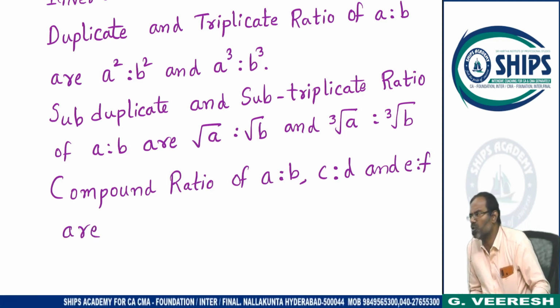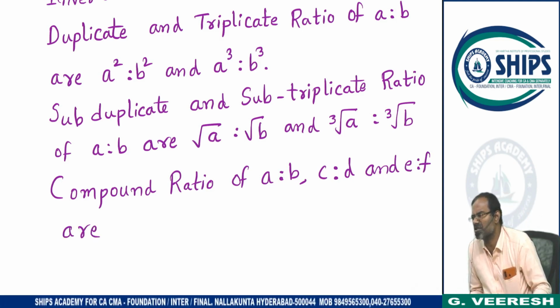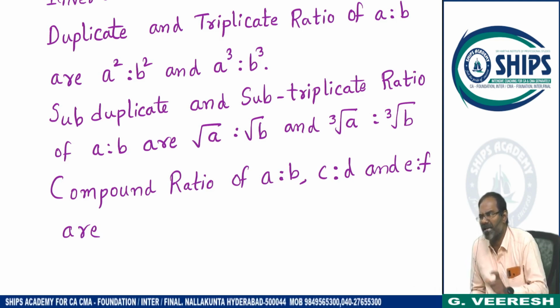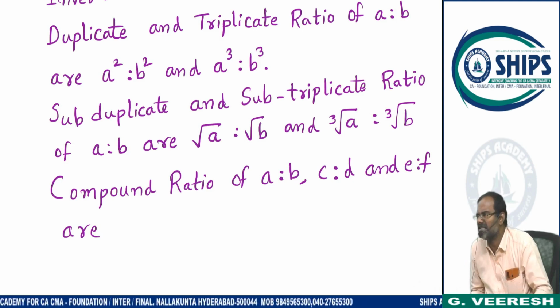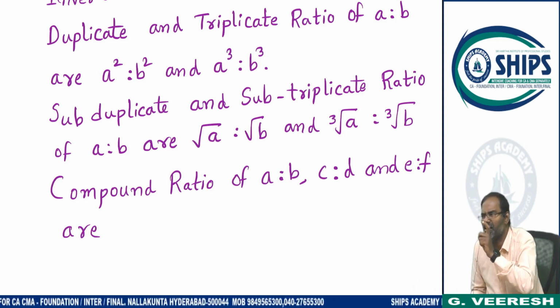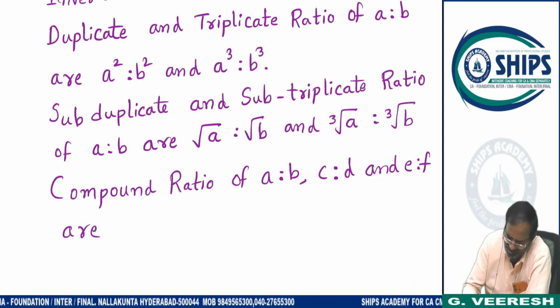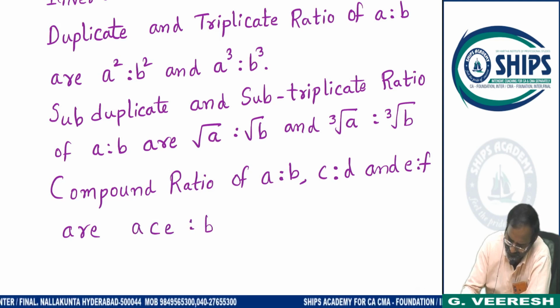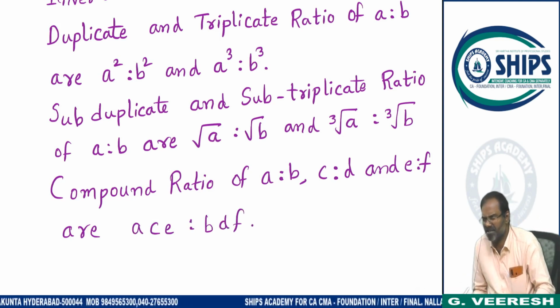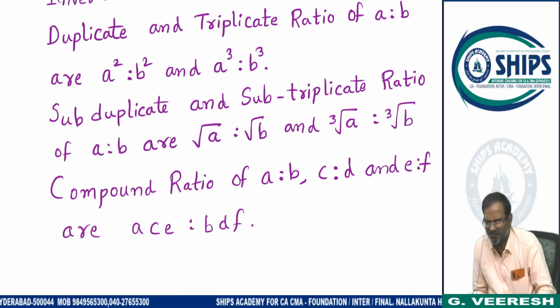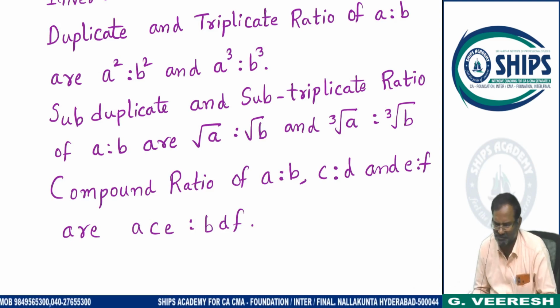If they give two, three, four, five ratios, compound ratio means product of all antecedents is to product of all consequents. So it is ACE is to BDF. Is it clear? Okay.